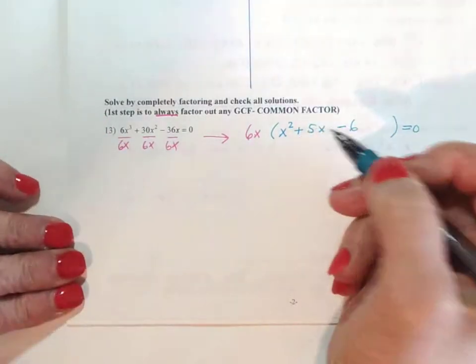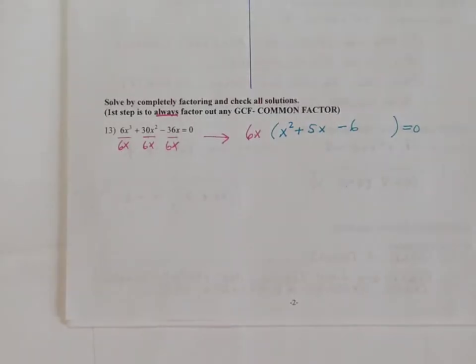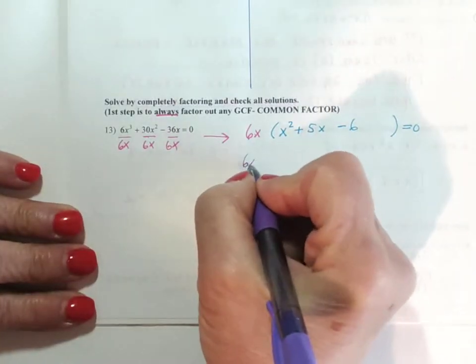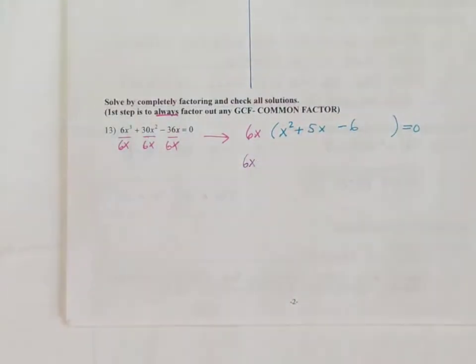Right, so I've taken out the greatest common factor. And so I bring this down. I have my 6x.